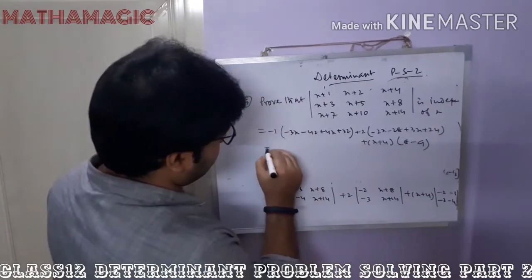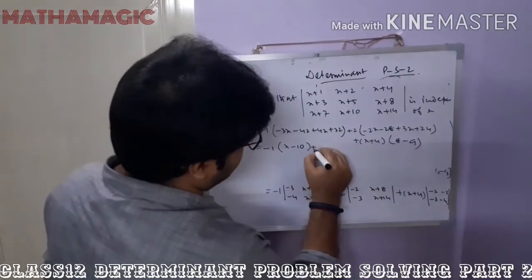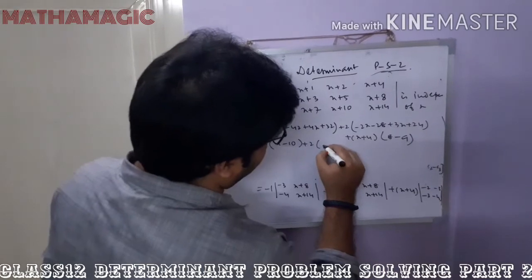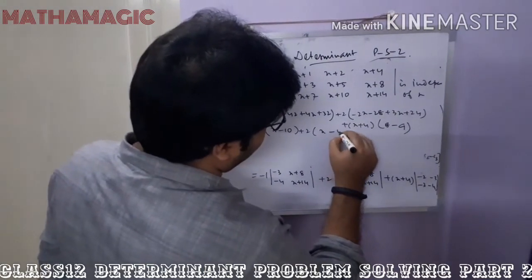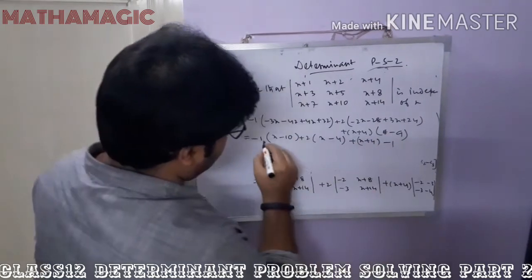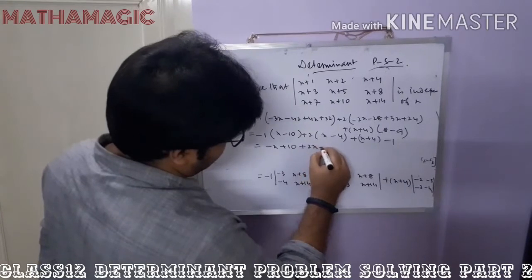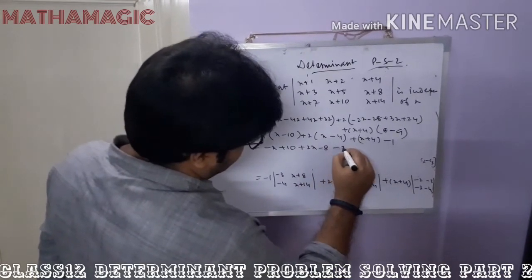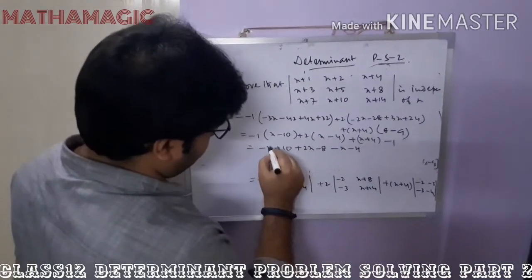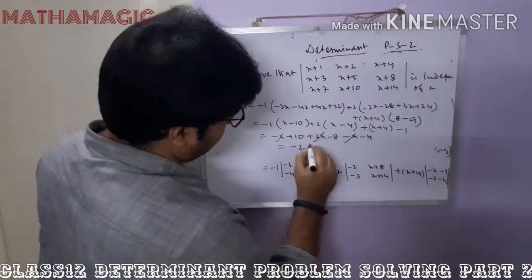So it is like this. We'll get x minus 10, plus 2 into x minus 4, plus x plus 4 into minus 1. So it is becoming minus x plus 10 plus 2x minus 8 plus minus x minus 4. So minus x plus 2x, it is getting cancelled, so the value is coming as minus 2.